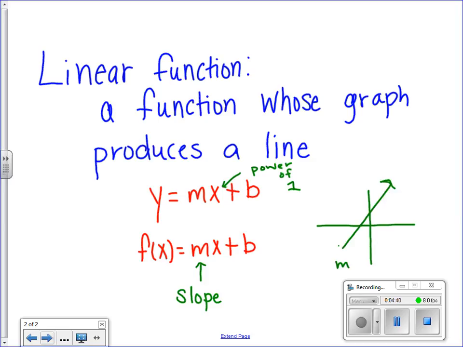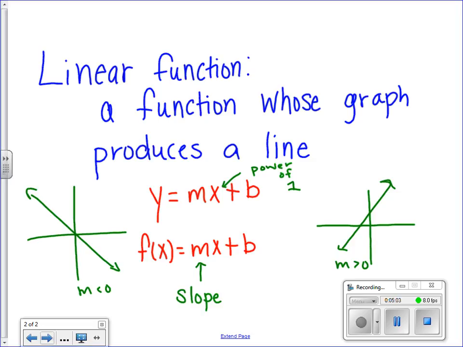Yep, that's if m is greater than 0. What if it's negative? It's going down. Yep. If it's less than 0. Exactly. Good.